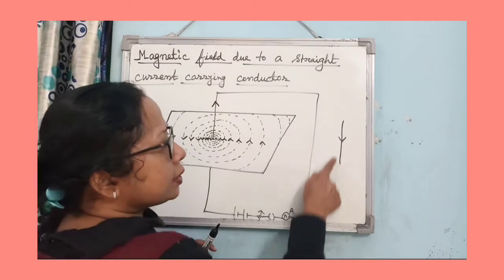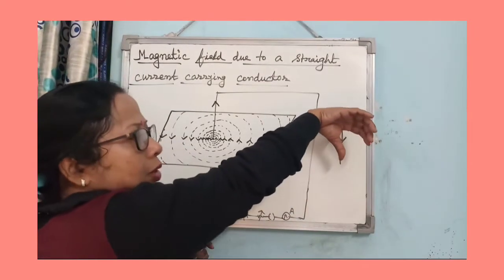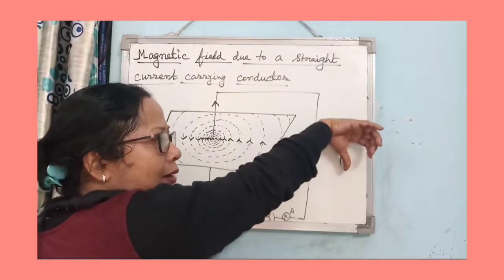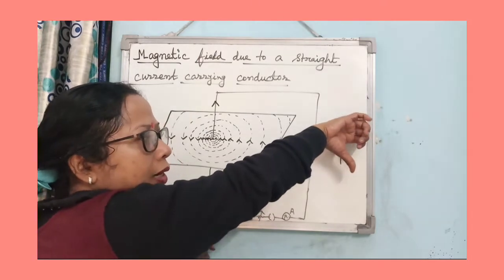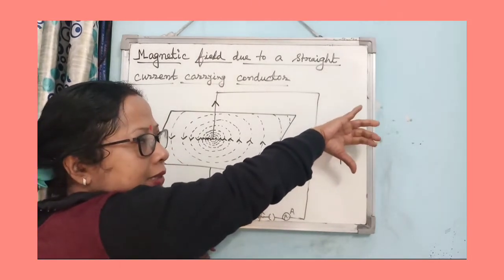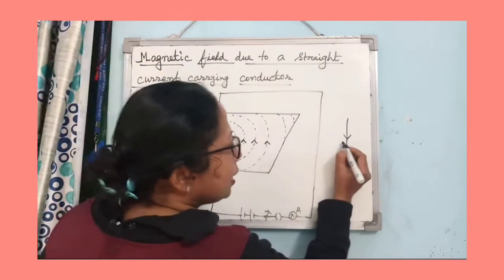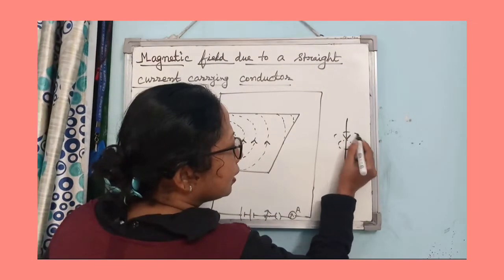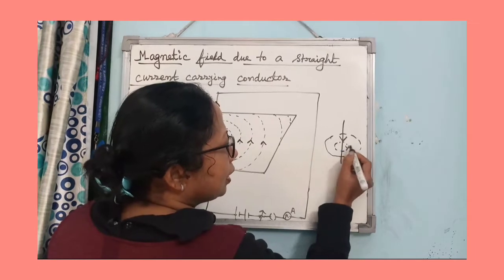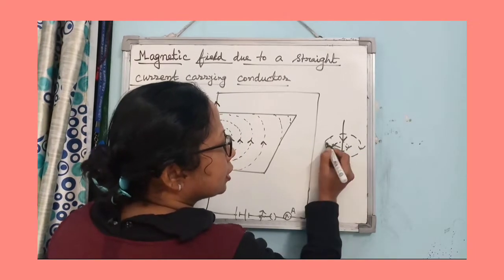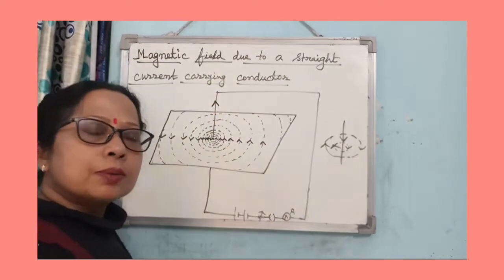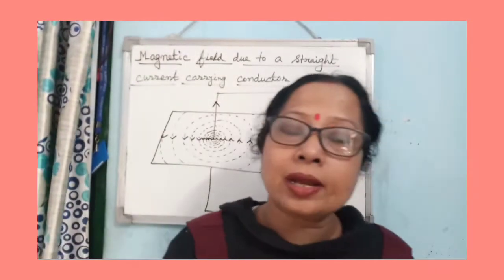And if you change the direction of the current, then you place your hand like this, the thumb in the direction of the current, and hold the current carrying conductor like this. Then in which direction is the forefinger? In the clockwise direction. So in that case, what will be the direction of the magnetic field? Alright, from this observation, what is the conclusion you can make?